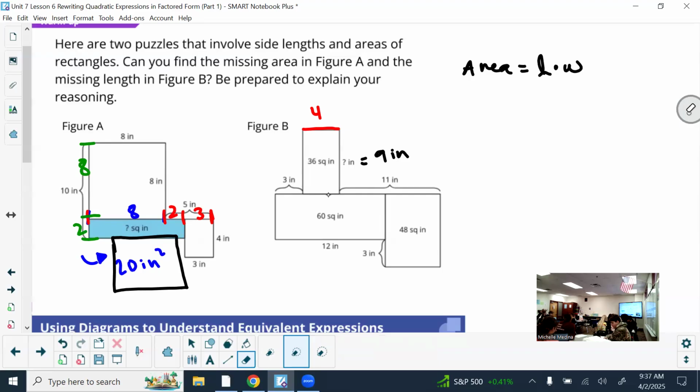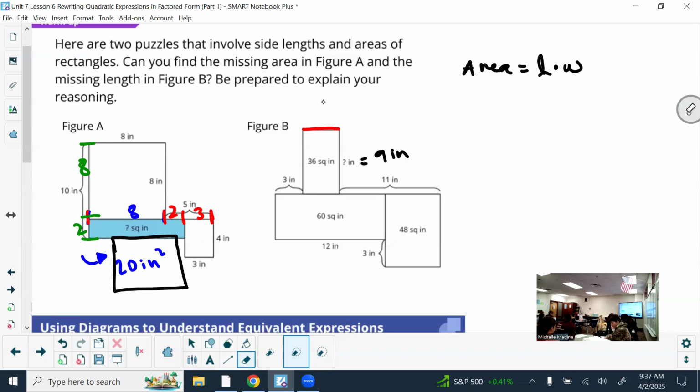But you do have to use the other clues, because again, it might look drawn to scale, but that's not necessarily the case. Yes, we put a 4 there, but we can't assume.